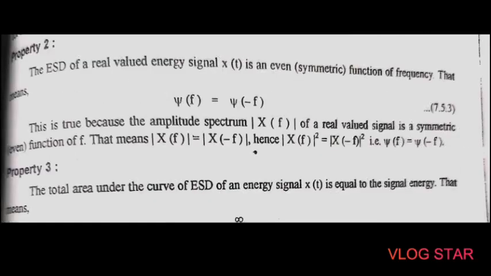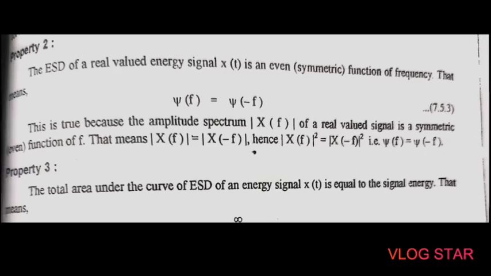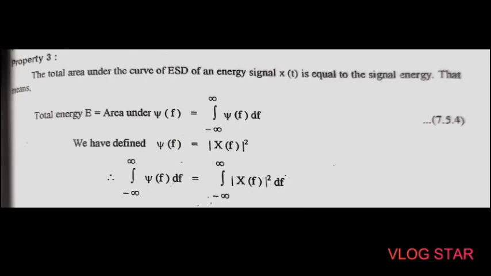The second property is that the ESD of a real valued energy signal x of t is an even or symmetric function of frequency. That means psi of f is equal to psi of minus f. The third property is that the total area under the curve of ESD of an energy signal x of t is equal to the signal energy. That means the integral from minus infinity to infinity of psi of f df is equal to capital E, the total energy.